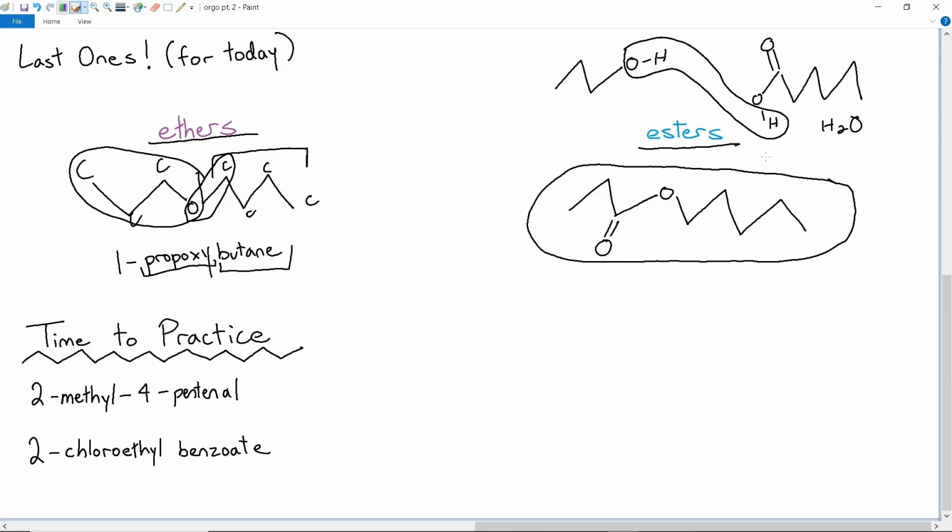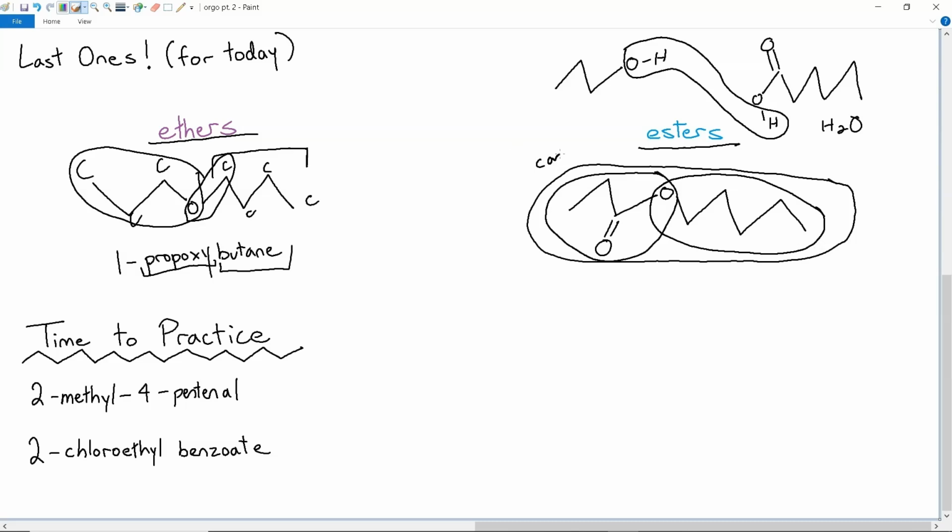So what we could actually do is think of an ester in 2 parts. We could look at the carboxylic acid side and we could look at the alcohol side. Because carboxylic acid has the double bonded oxygen, I'm going to treat this part of the ester as the carboxylic acid part of it, and then the side that only has the oxygen as the alcohol side.